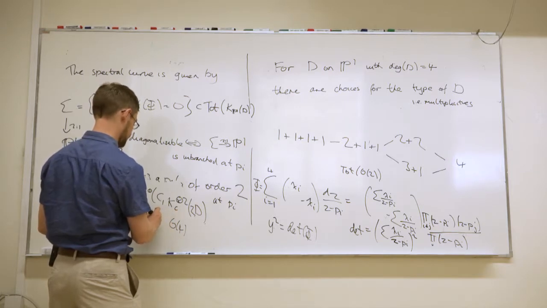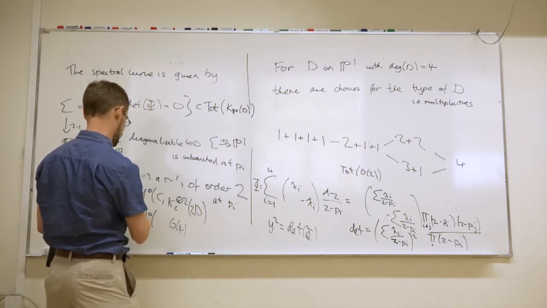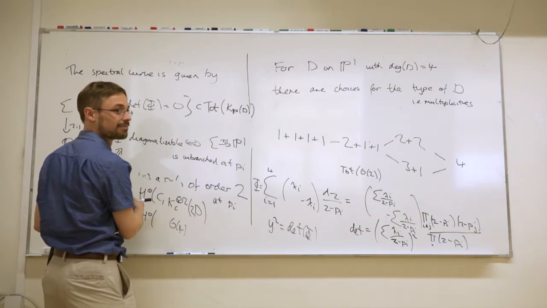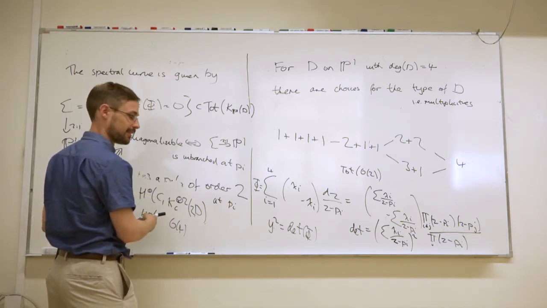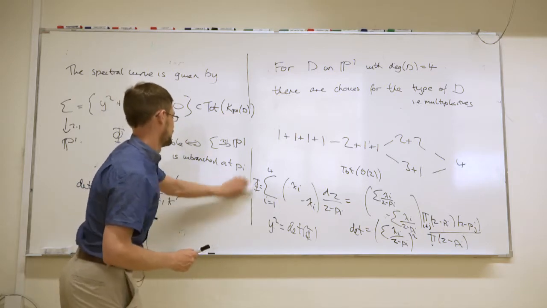This is over 4. This guy should have 4 zeros somewhere, which are exactly the branch points.